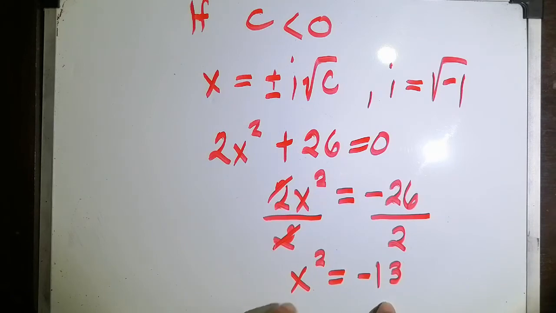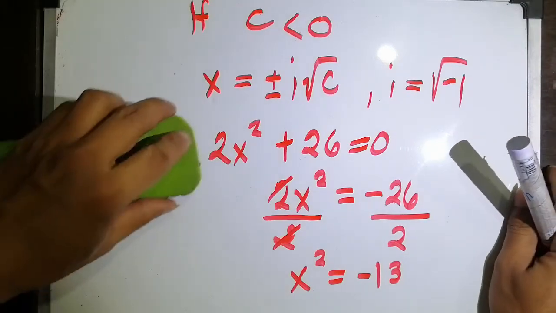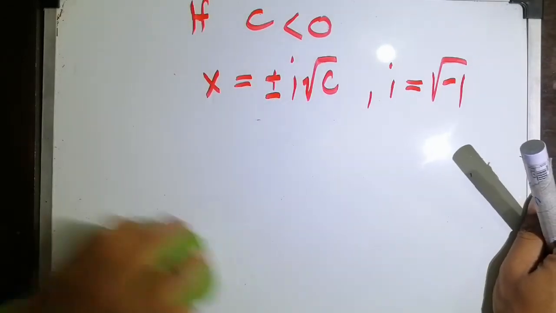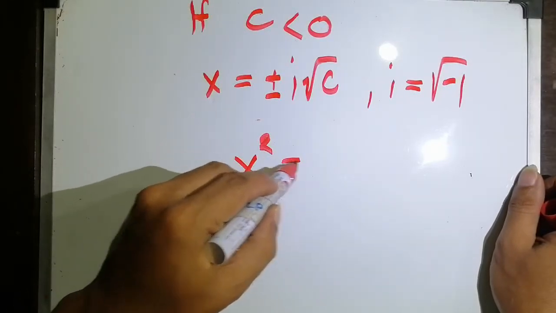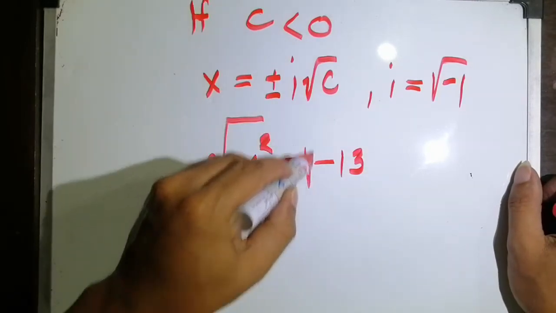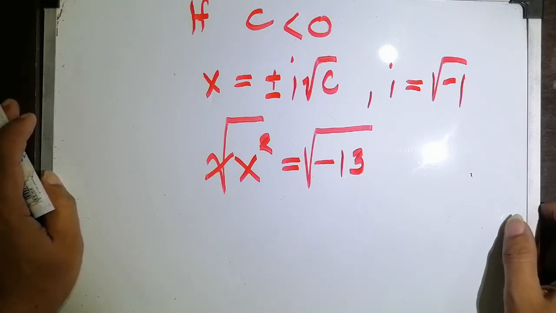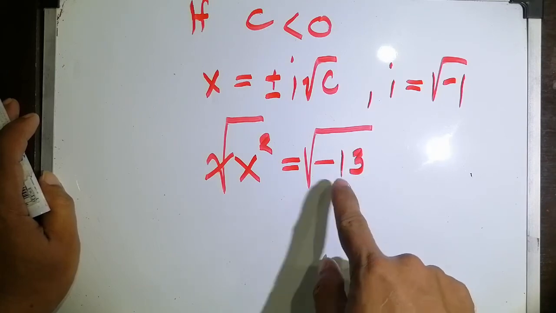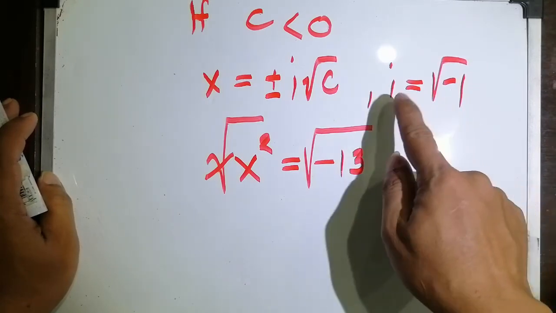So ito ngayon yung ating isa-solve. Apply natin ito. Okay? So i-erase na natin ito. So meron tayong x squared equals negative 13. Tapos square root natin. So, cancel. Okay? So, dahil sabi natin kanina, walang square root yung negative number. So, yung negative 13, ipa-factor natin na yung isa sa mga factor niya ay negative 1. Okay? Kasi ang square root ng negative 1 ay imaginary number.